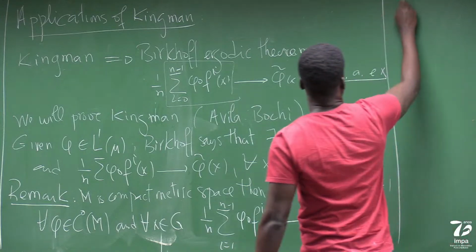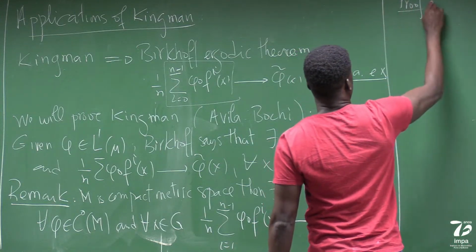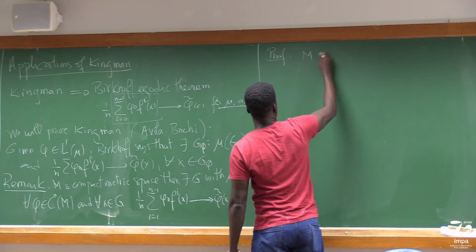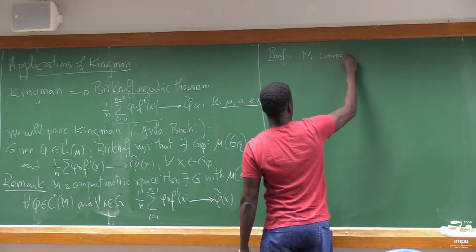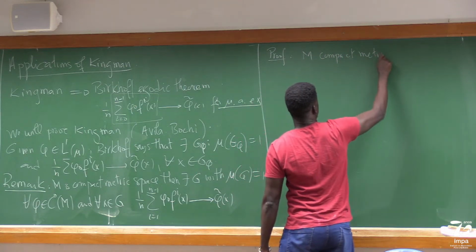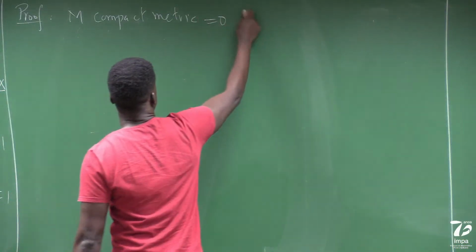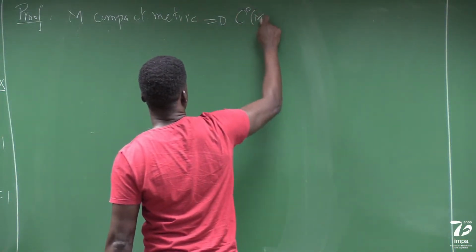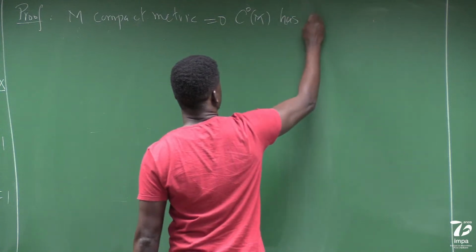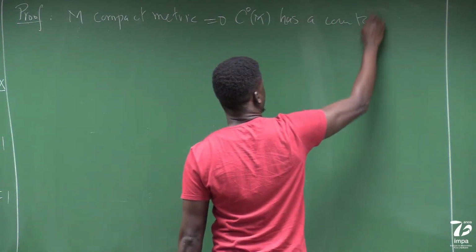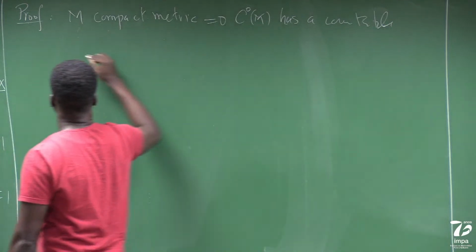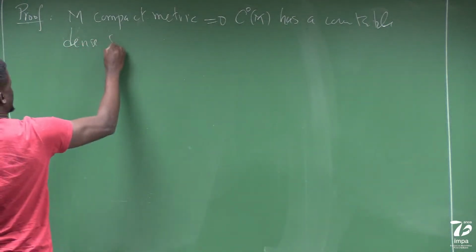So the proof of this: M compact metric implies that C0(M) has a countable dense subset.